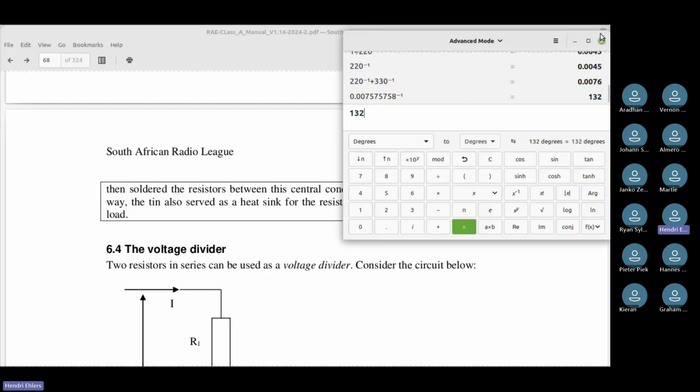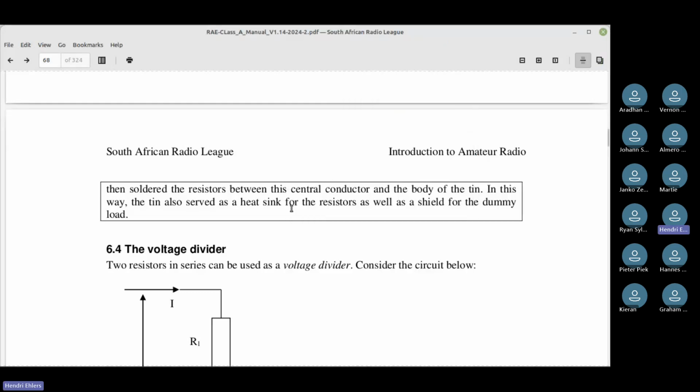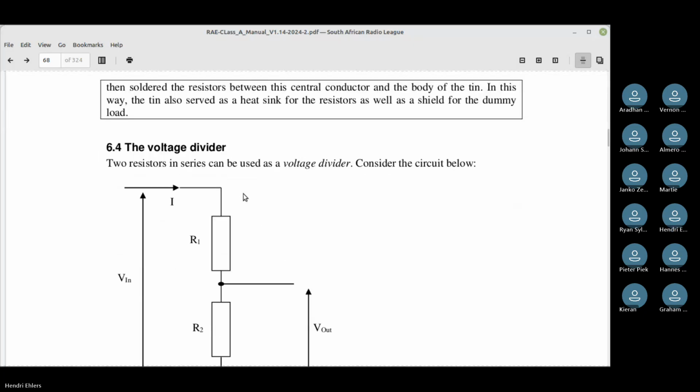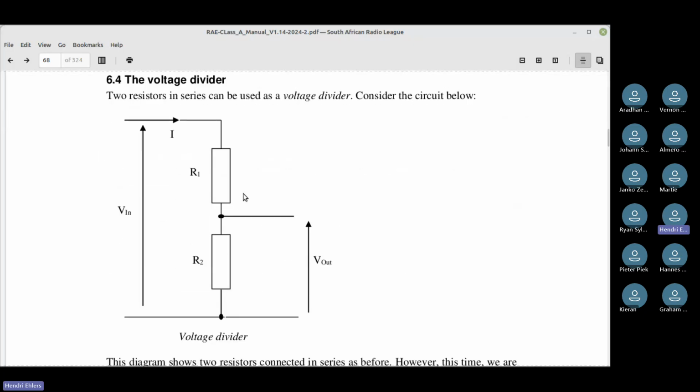Let me just get my calculator out of the way for the moment. Okay, they just explain, you can read this, how to make the dummy load. Central conductor and the body of the tin and whatever. Right, then you get a voltage divider.